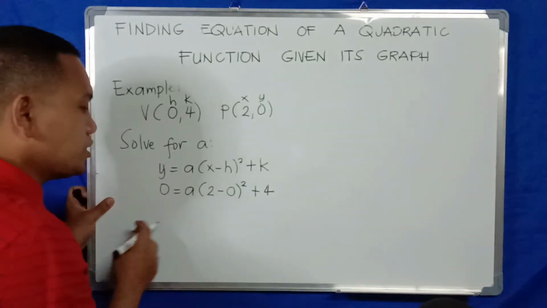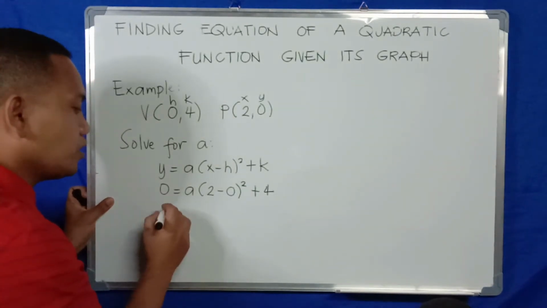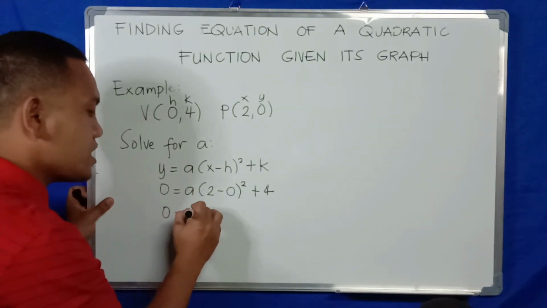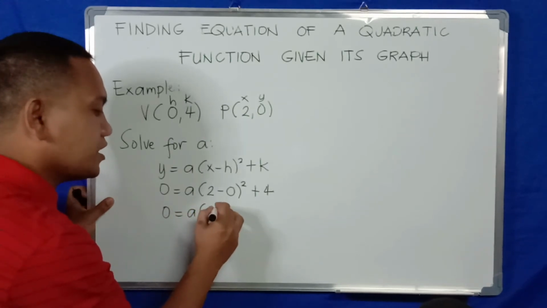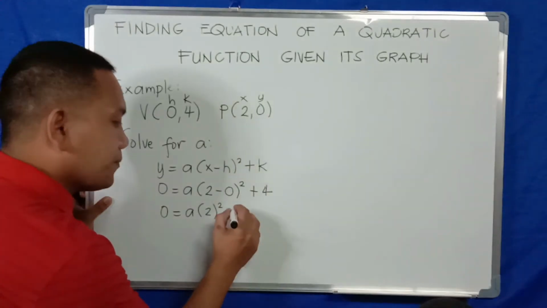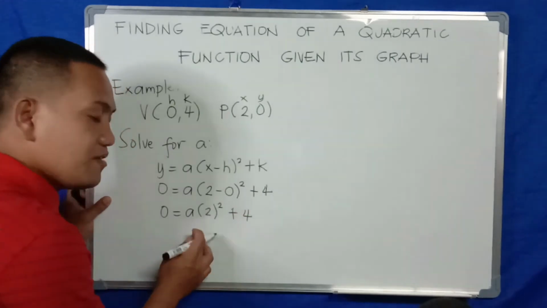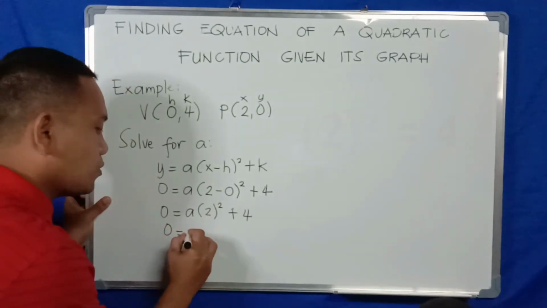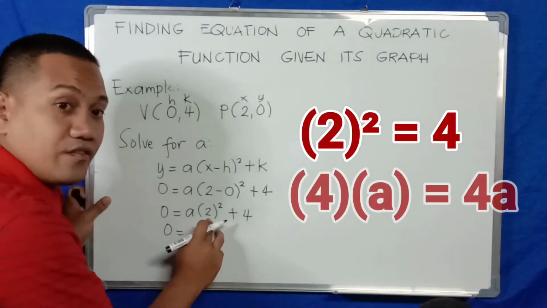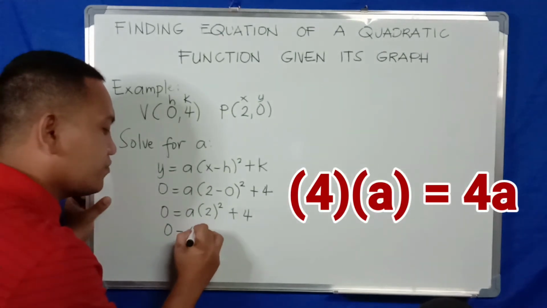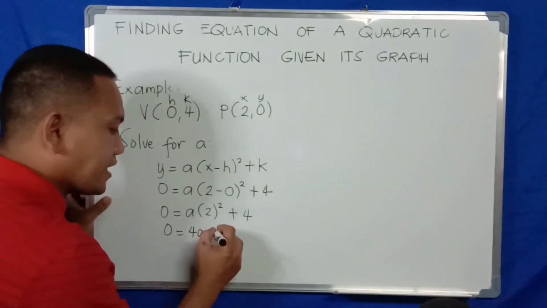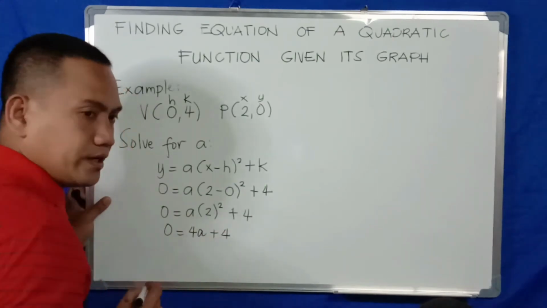So all we need to do is to simplify first our given equation. So we will have 0 equals a. We will have 2 minus 0, that is 2, squaring it, and copy positive 4. Let us simplify. So we will have 0 is equal to 2 squared, that is 4, times a. We will have a result of 4a. Then copy our constant, which is positive 4.